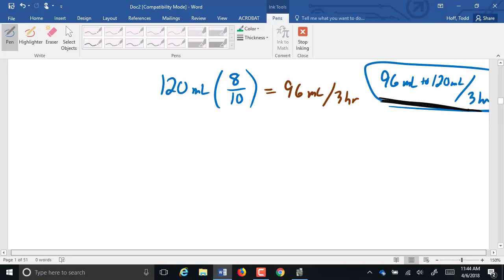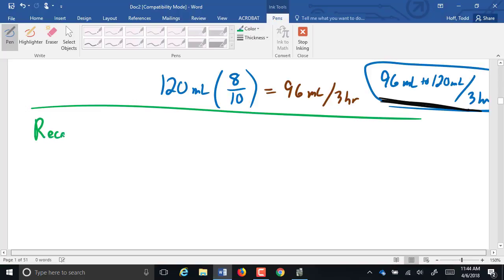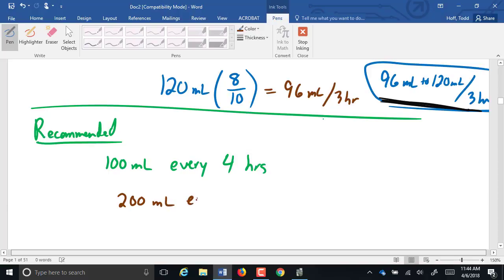Let's say we have a dosage that is recommended 100 milliliters every 4 hours. Mathematically, it's equivalent to convert that to 200 milliliters every 8 hours, because that comes out to be the same amount over the period of a day.